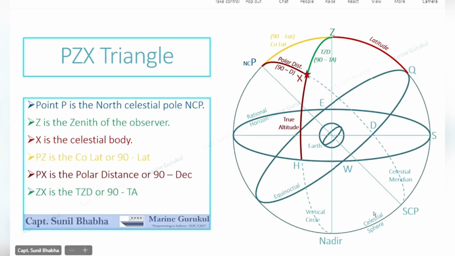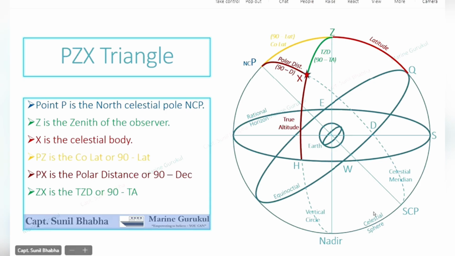How much north or south of the equinoctial a particular body is. Yes, sir. Okay. Sir, so basically declination is equivalent to the latitude on Earth. That's right, beta. And what about meridian, sir? What is equivalent to meridians? GHA, beta. GHA represents the meridians on the Earth. Okay, sir. Copy that. Thanks, sir.